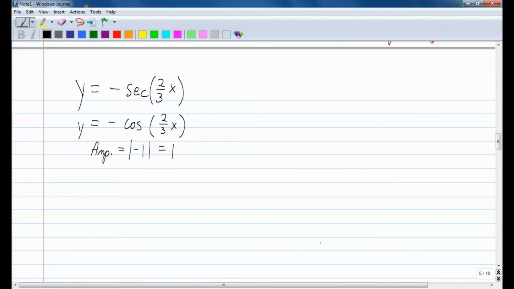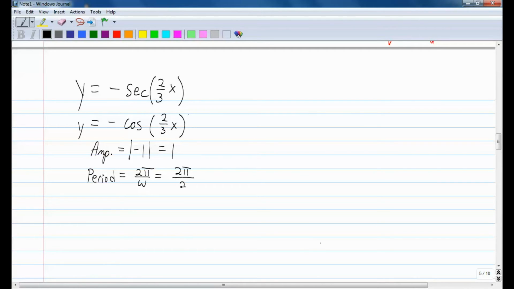Now keep in mind that when I do have a negative in front of a trig function that I'm graphing, every high point is going to become a low point, and every low point is going to become a high point. So that's going to be flipped, and we'll address that when we get to the actual graph. The period is equal to 2 pi divided by omega, whatever's in front of the x.